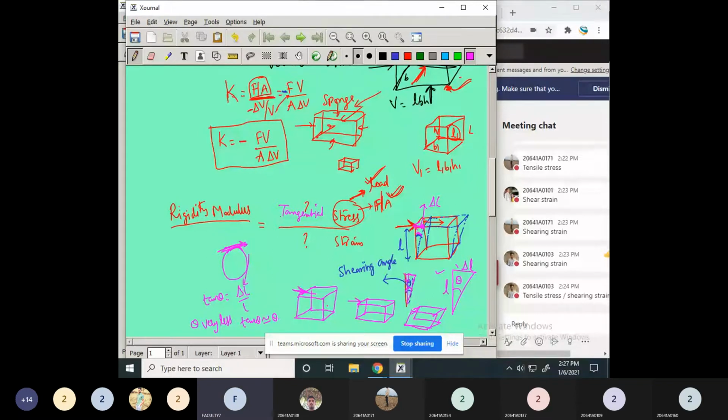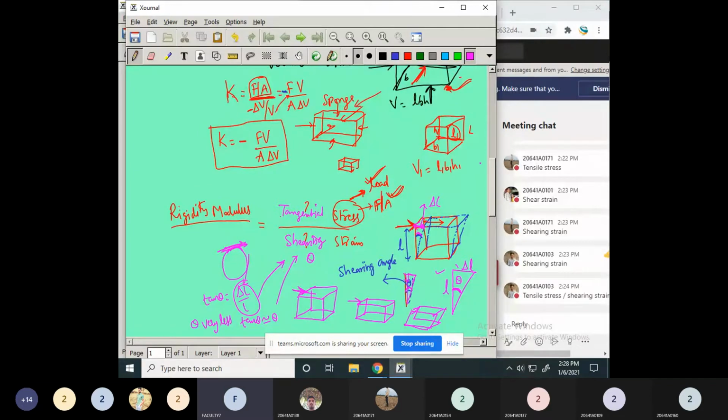Under what conditions? If this particular angle is very small, then you can consider theta directly. Here it is the shearing strain, so you can write this as the shearing strain theta, or else delta L by L. You can substitute either.